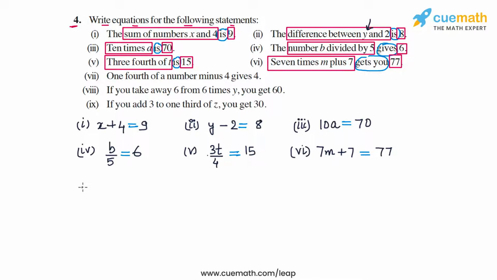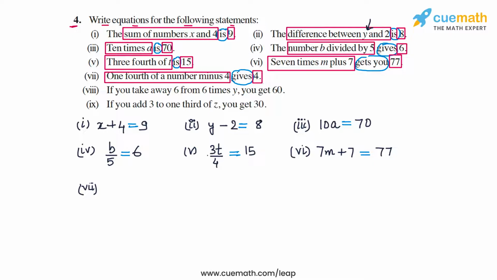In part 7, the statement is 1/4 of a number minus 4 gives 4. So gives becomes equal to, and the LHS becomes 1/4 of a number minus 4, and the RHS becomes 4.